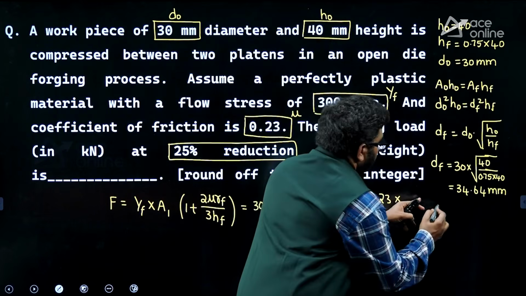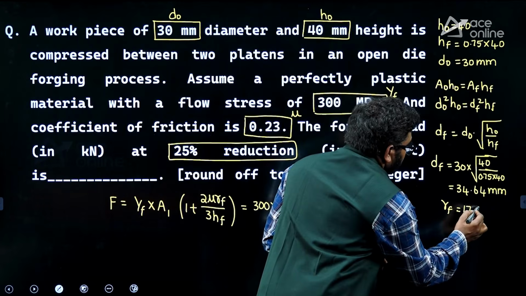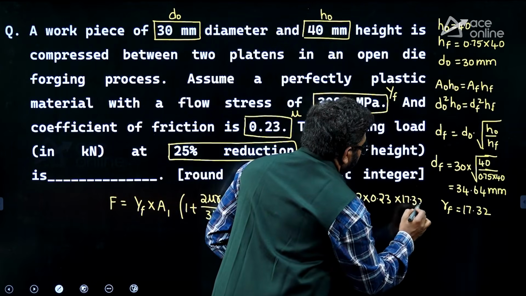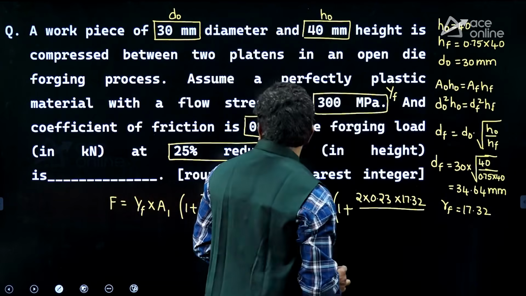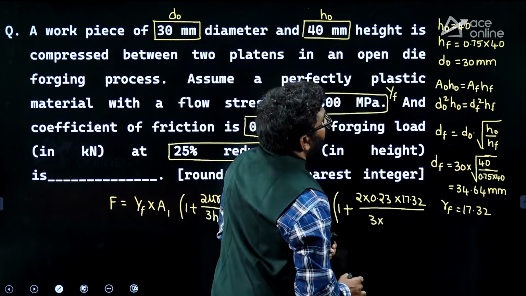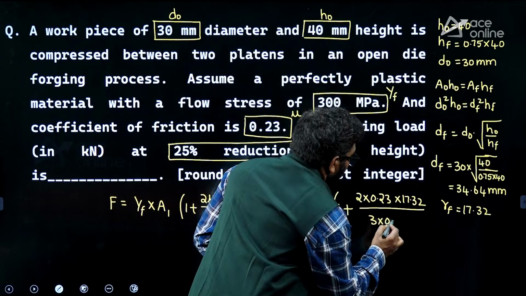If this is the diameter, the radius is 17.32, divided by 3 H_F, which is 3 into 0.75 into 40.